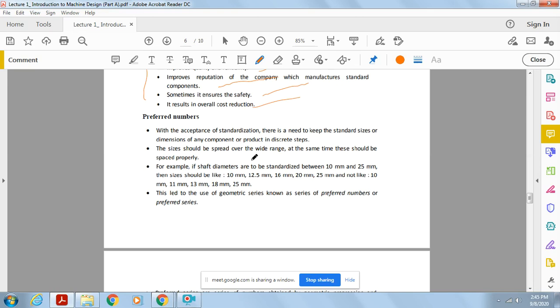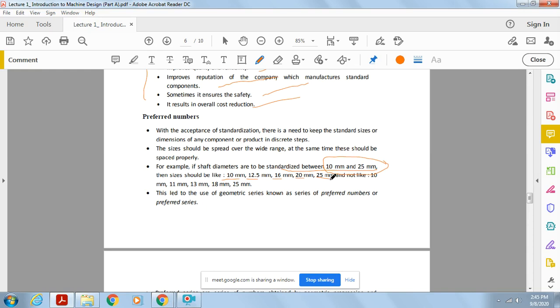Okay, so for example, if a shaft diameter is to be selected, standardized between 10 millimeter and 25 millimeter, then the sizes should be 10 millimeter, 12.5 millimeter, 16 millimeter, 20 millimeter, 25 millimeter, not like 10, 11, 13, 18, 25. So within the 10 to 25 millimeter shaft diameter range, the only available products are 10, 12.5, 16, 20 and 25 millimeter.